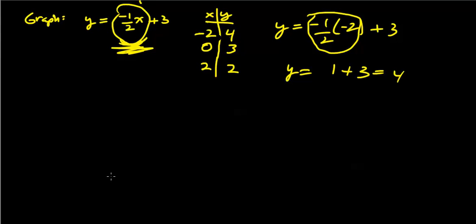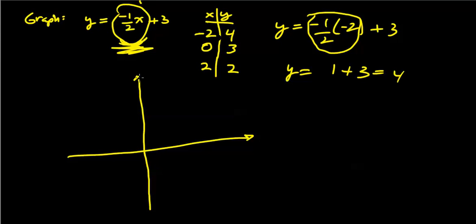Alright, so I can graph these in the xy plane. I'll do the best I can sketching this freehand. If x is minus 2, y is 4. If x is 0, y is 3. And if x is 2, y is 2.